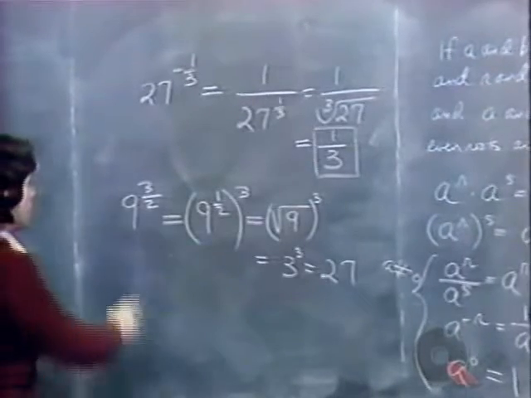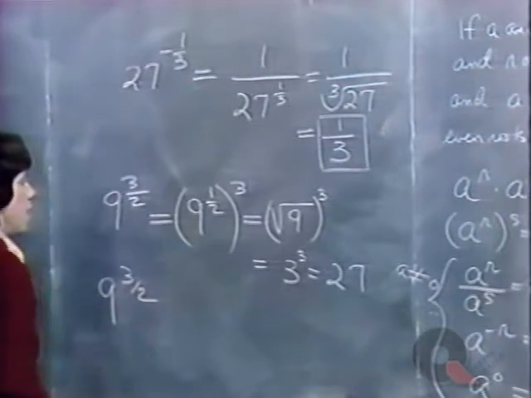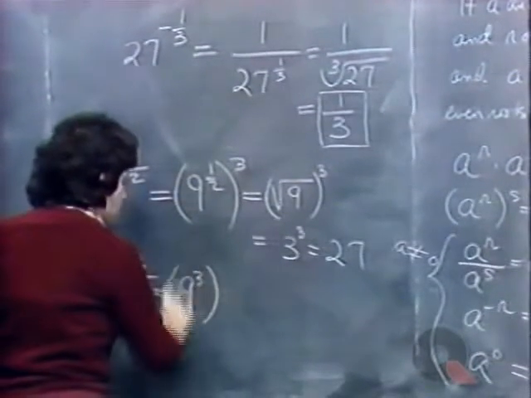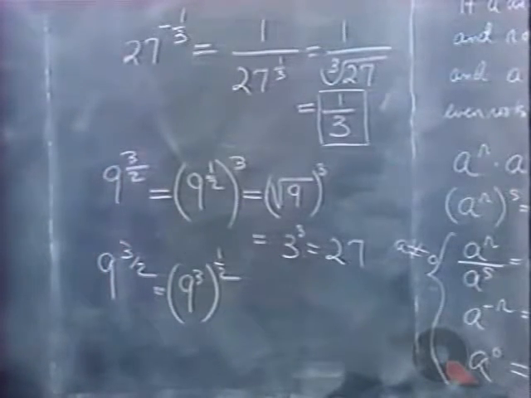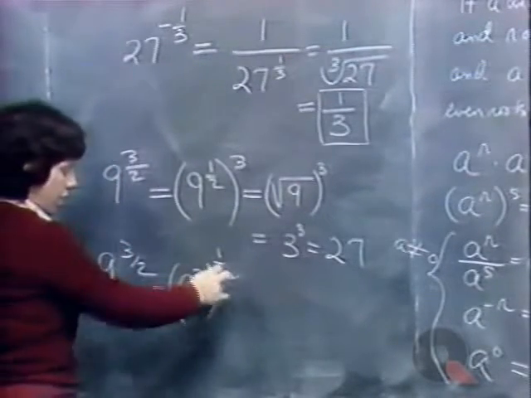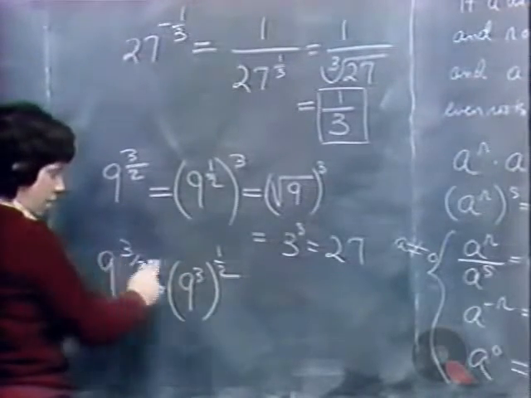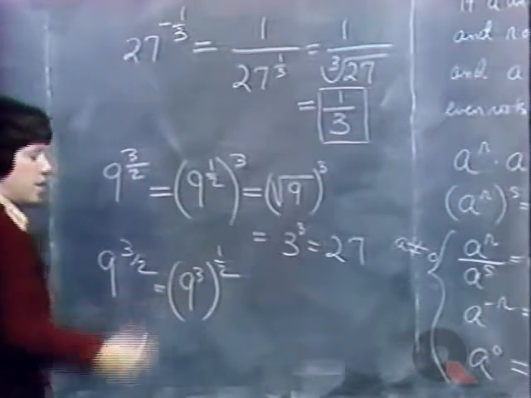Okay, now, you might say, well, why can't you think of 9 to the 3/2 as 9 cubed to the 1/2? Well, the answer is you can. 9 cubed to the 1/2 would still be 9 to the 3/2. It's a to the r to the s is a to the rs. The only difference is that it's a little harder to evaluate this.